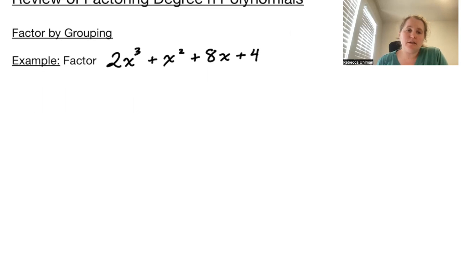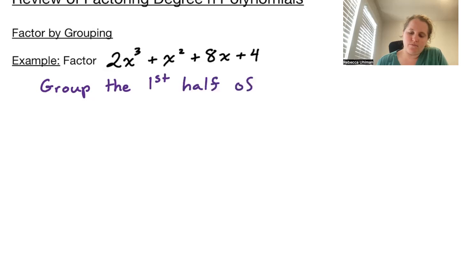The general idea is we are going to group the first half of the terms and the second half.